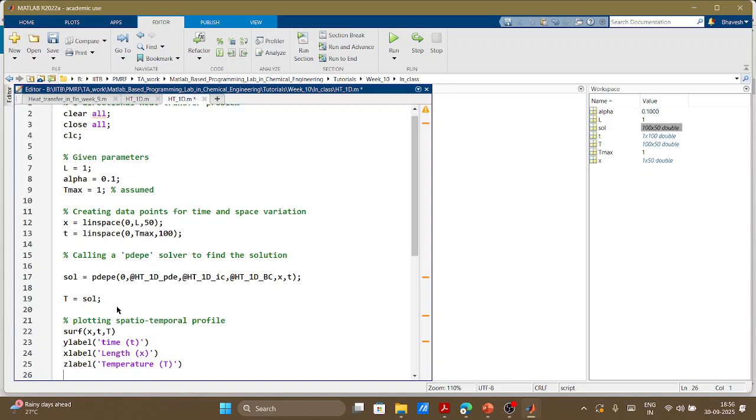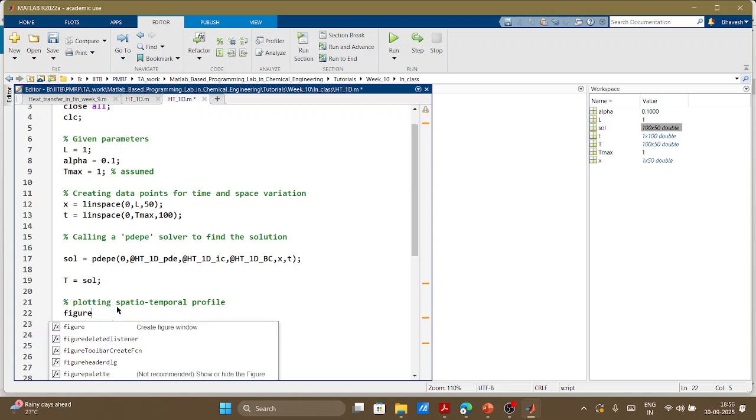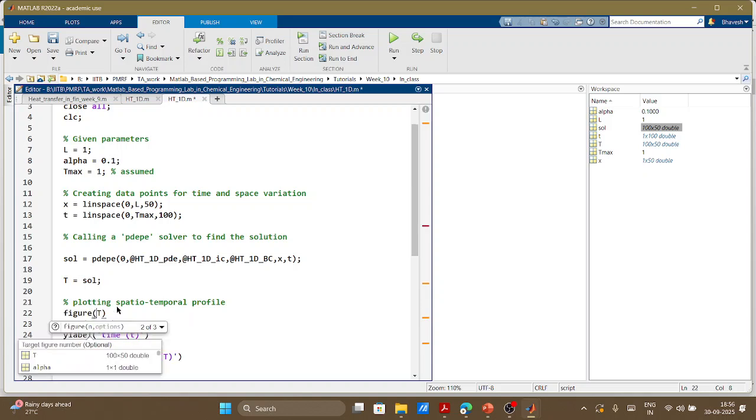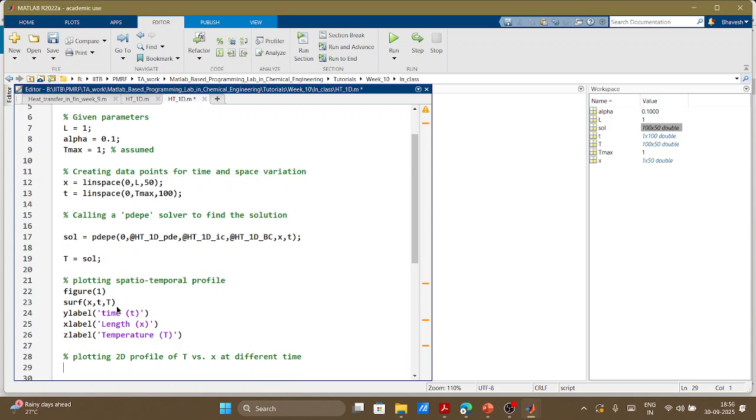Okay, now second I want to put is, let me call it as figure 1. Plotting 2D profile of t versus x at different time, right?